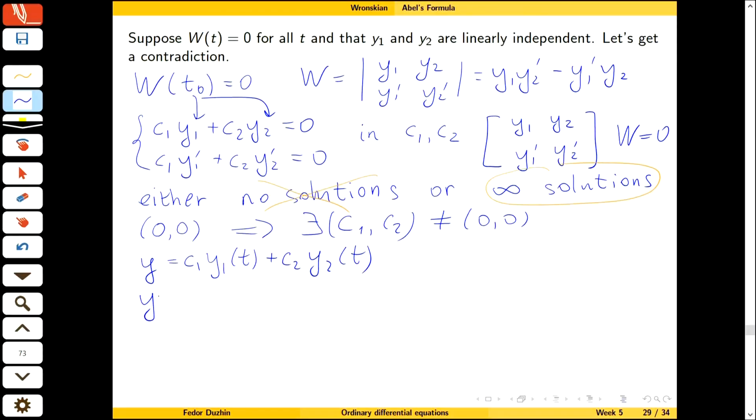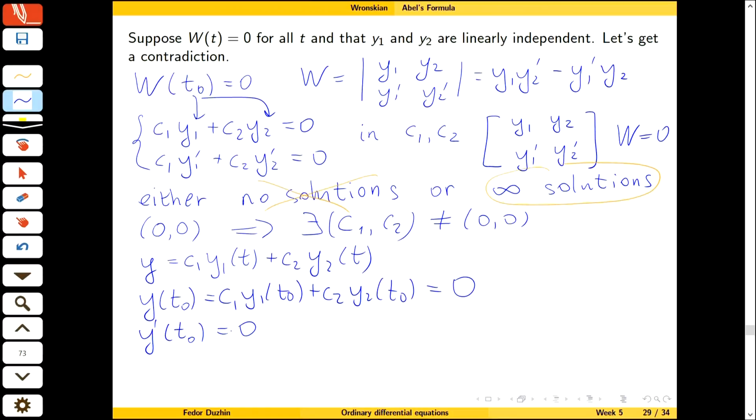Then y evaluated at t0 is C1 y1 at t0 plus C2 y2 at t0, and then according to the system of equations it is 0. Then y prime evaluated at t0 is also 0.